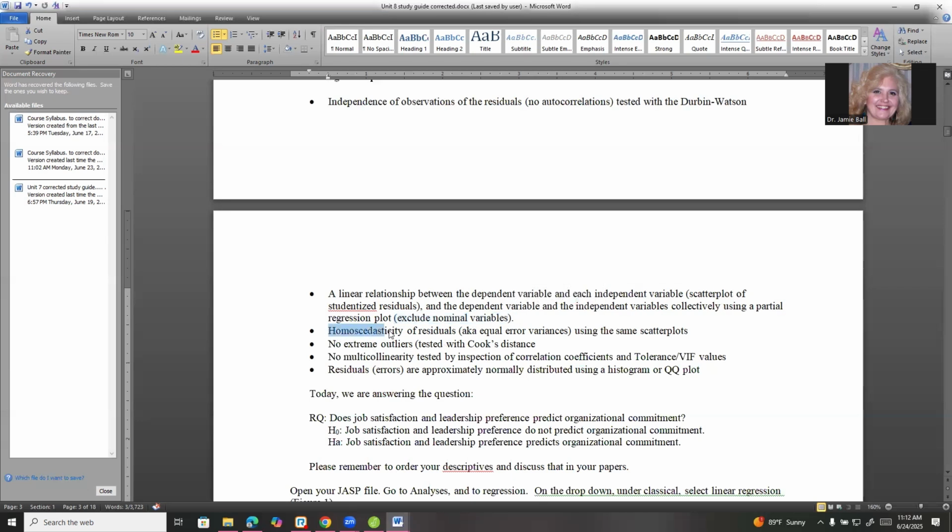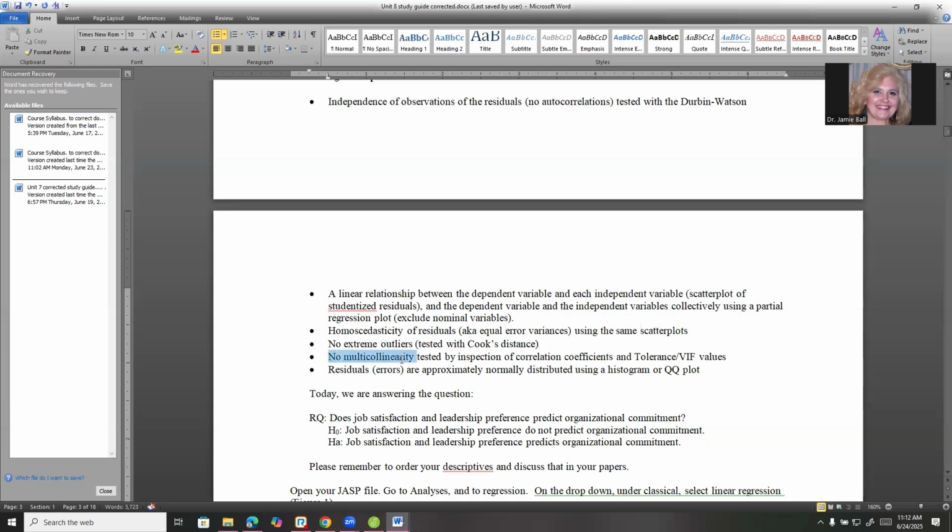Homoscedasticity of the residuals, or equal error variances. We use the same scatter plots that we create up here to see if there's a linear relationship. No extreme outliers, which we'll test with Cook's distance.